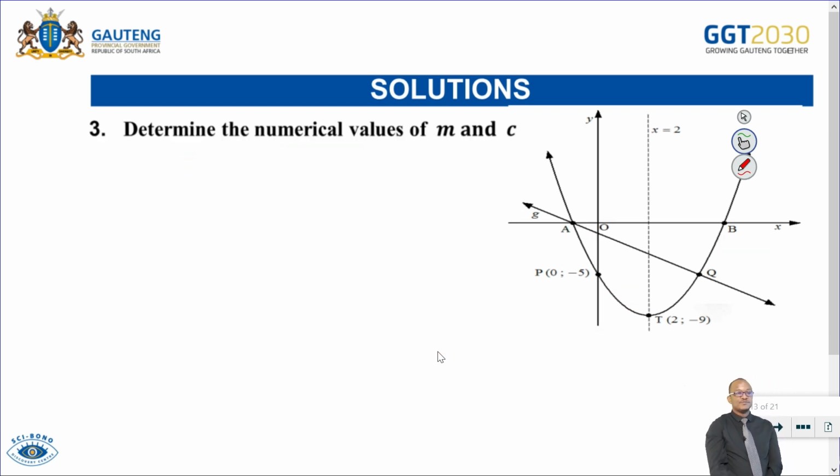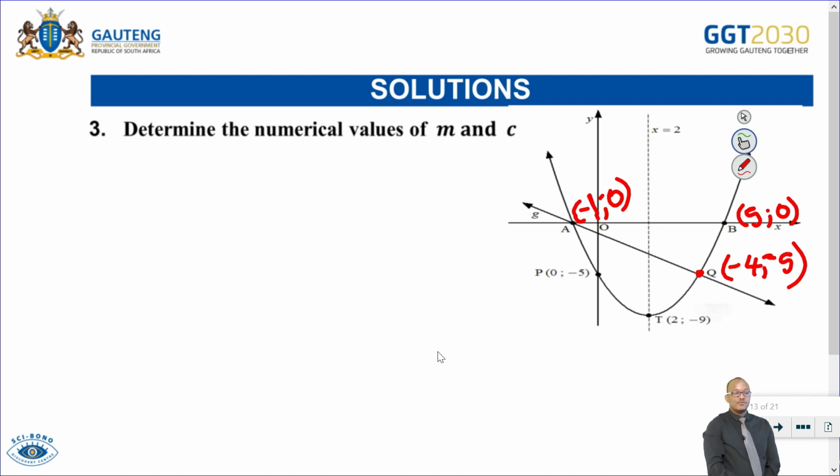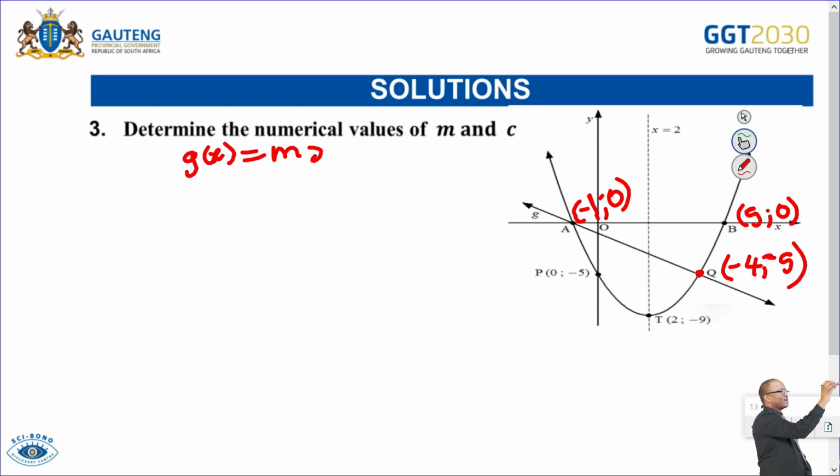Now, let's move forward. We now know the coordinates of q: negative 4 and 5. We know b, which is 5 and 0. We know a is negative 1 and 0. Correct? Then we have to determine the numerical values of m and c. Remember, m and c are from g of x equals mx plus c, which is a straight line.